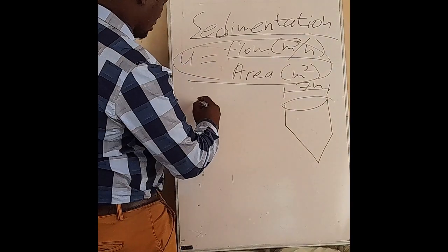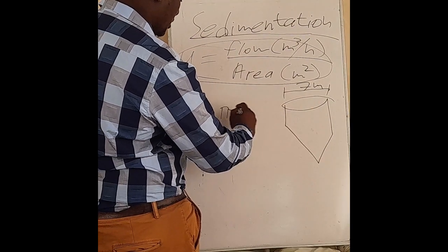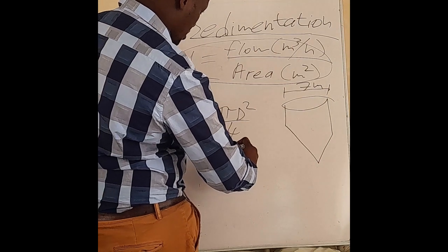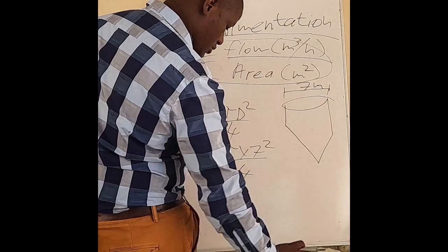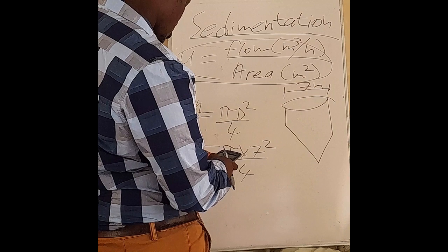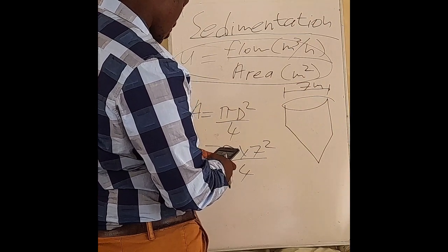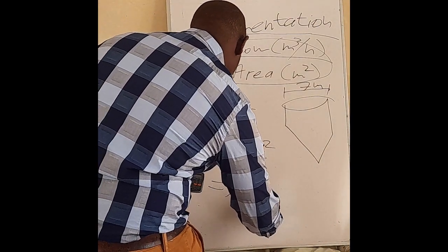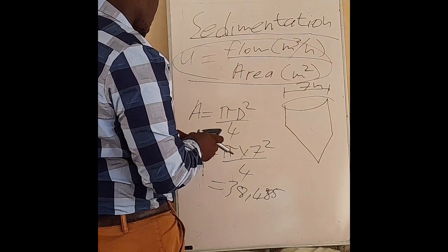Now we need to calculate the area of the tank, and basically that is pi d squared over 4, pi multiplied by 7 squared divided by 4, which comes to 38.485. We'll then store that again.